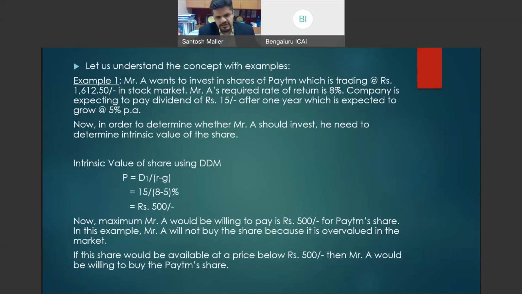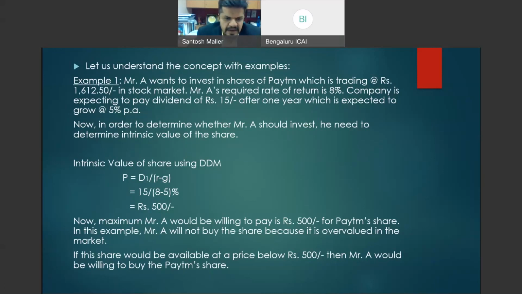So that turns out to be 500 rupees. 500 rupees is the intrinsic value, whereas it is being quoted at 1,612. So now the maximum A is willing to pay for a Paytm share is 500.